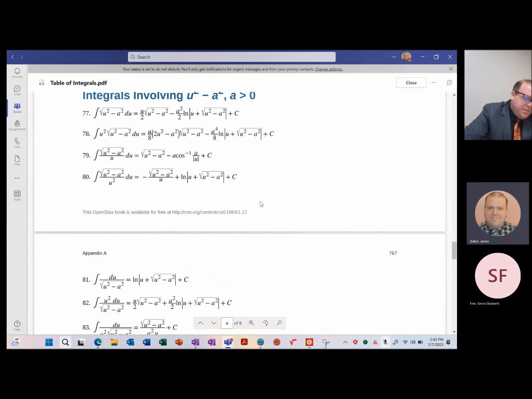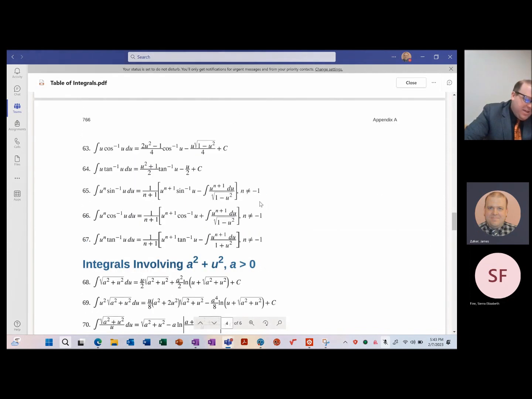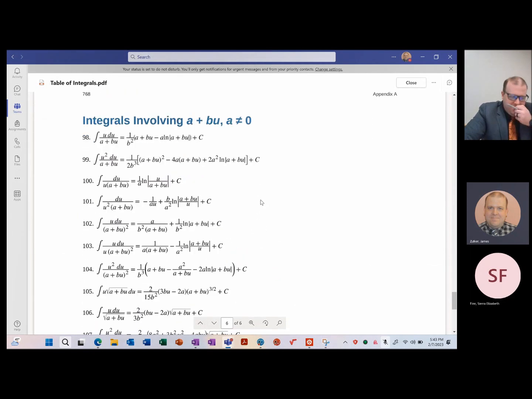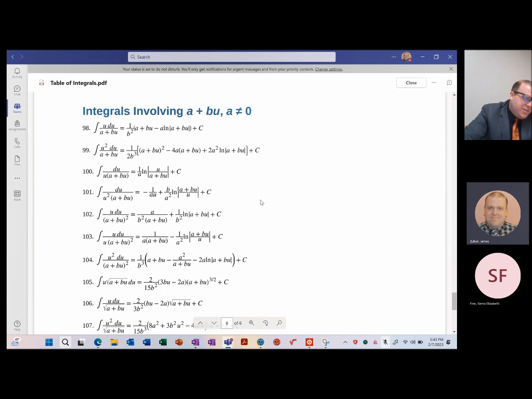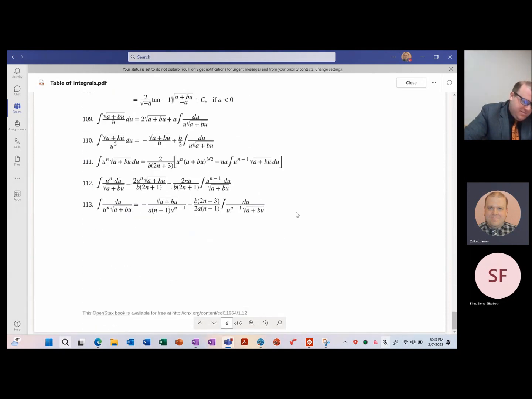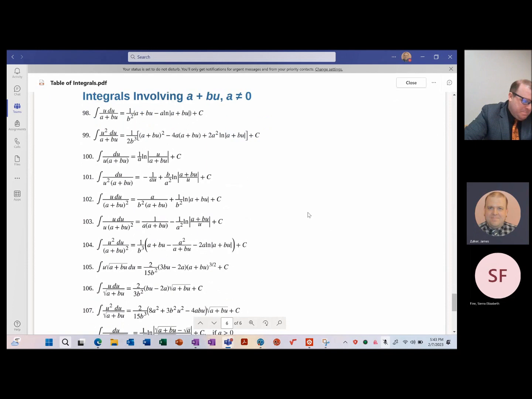I can tell it's none of these up here. These are all u squared minus a squared, u squared plus a squared, and then we have, of course, inverse trig and all that. So it's not going to be any of those. Doesn't look like a plus bu. And that was the end. Oh dear. What to do?